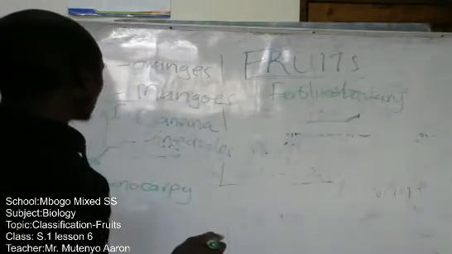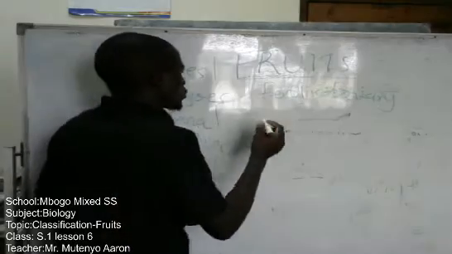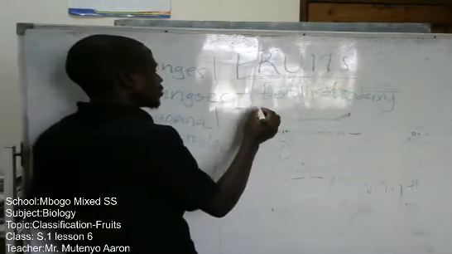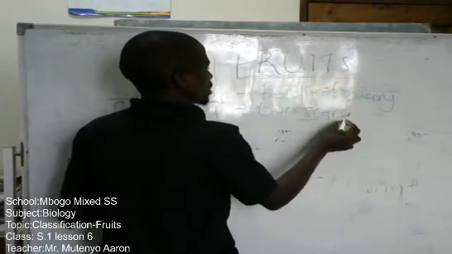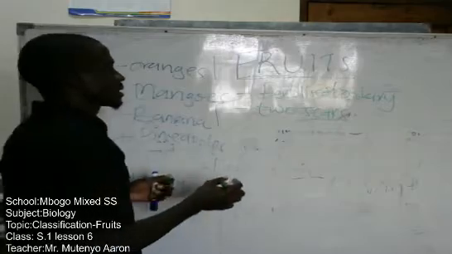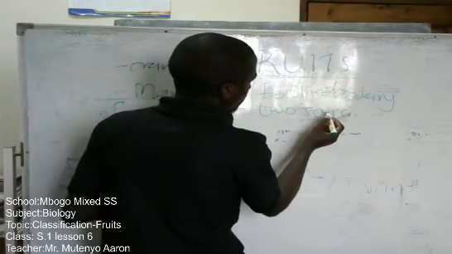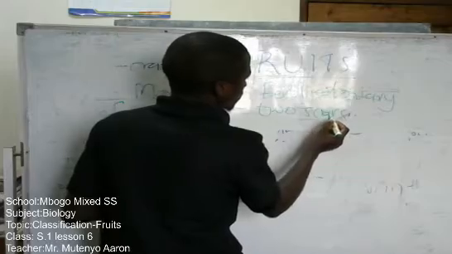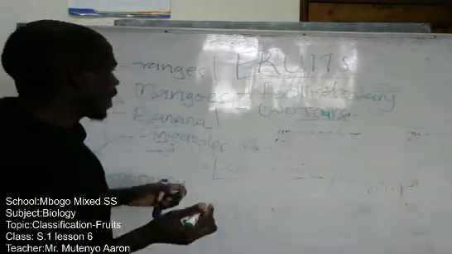A fruit, apart from just being a fertilized ovary, has what is called two scars. Please take note of these two things. Two scars. The word scar is spelled like that, with the A. Now, how does it come to be?